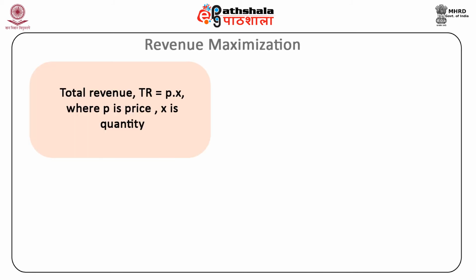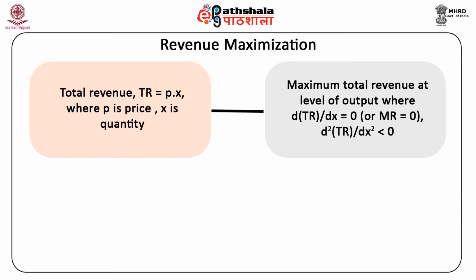Let the total revenue function be equal to P times x, where P is price and x is the quantity. Total revenue will be maximum at the level of output where dTR/dx is equal to 0, or MR equal to 0, and the second derivative of TR with respect to x is less than 0.